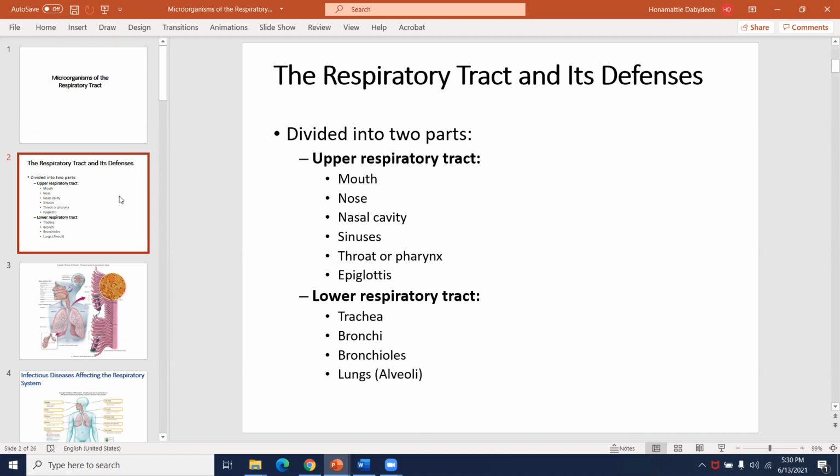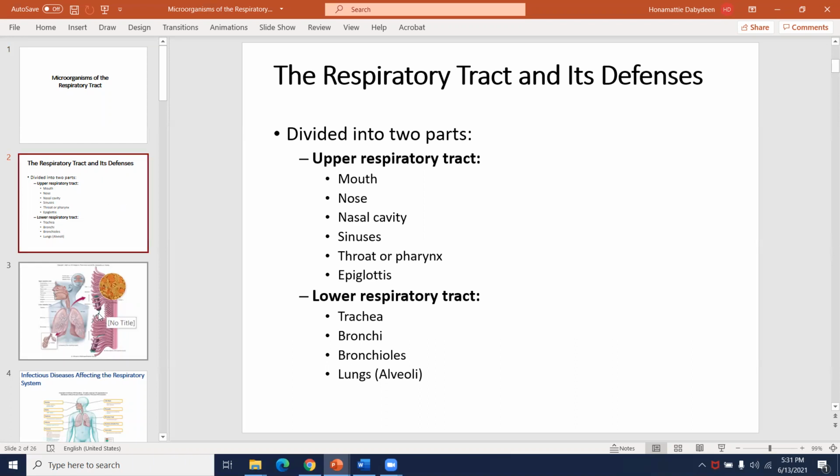The upper respiratory tract includes the mouth, the nose, the nasal cavity, the sinuses, the throat and the pharynx, and the epiglottis. The lower respiratory tract refers to the trachea, the bronchi, the bronchioles, the lungs, and obviously the alveoli in the lungs.